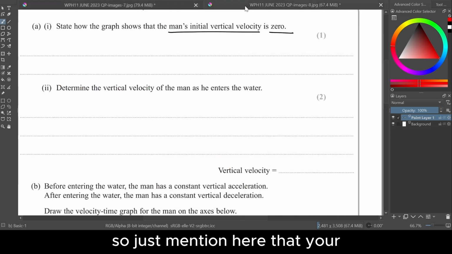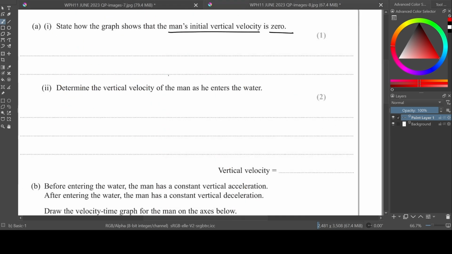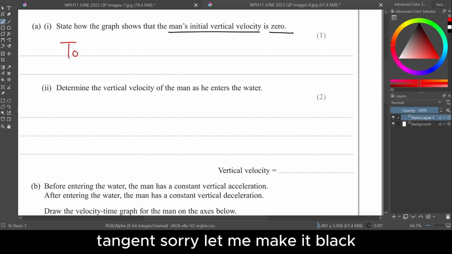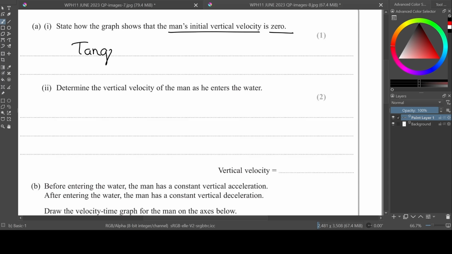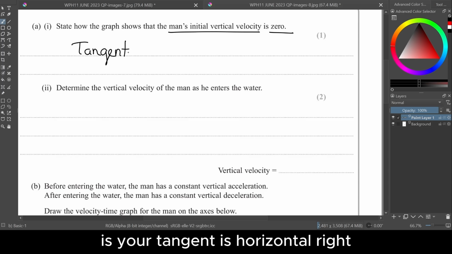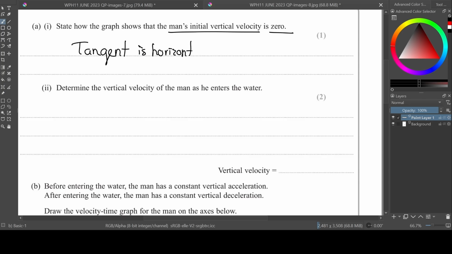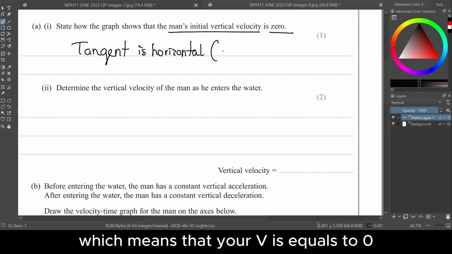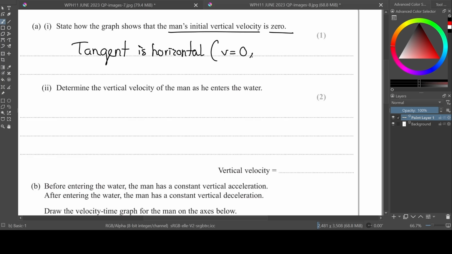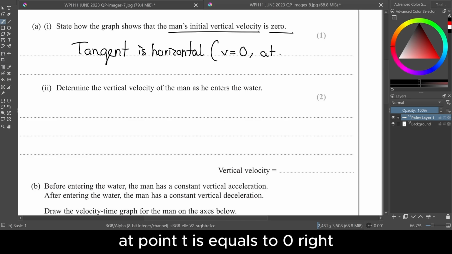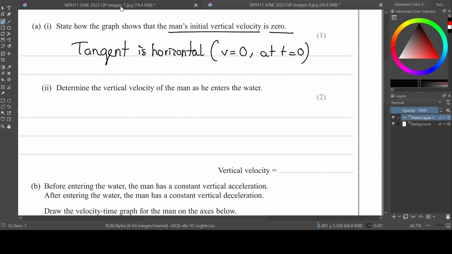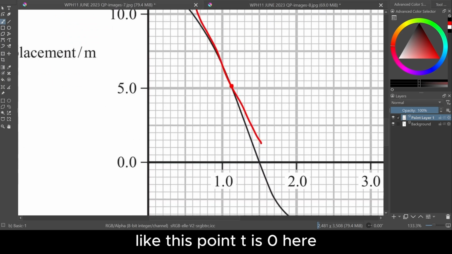So just mention here that your tangent is horizontal, which means that your v equals 0 at the point t equals 0. Like this point, t is 0 here.